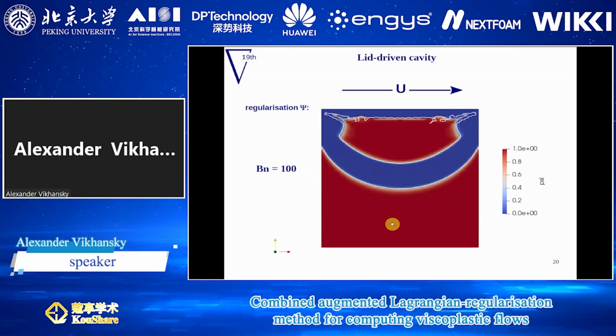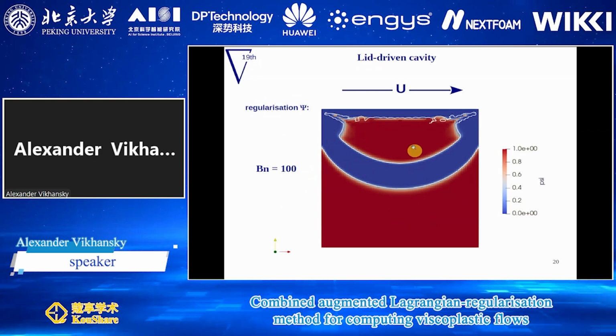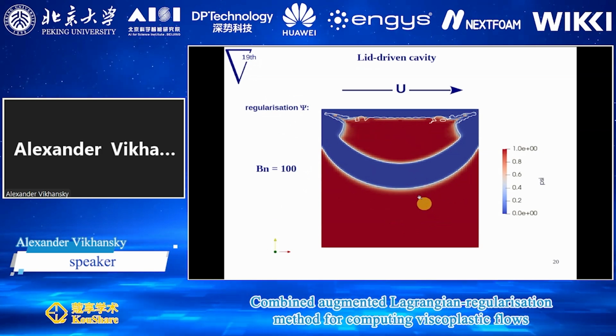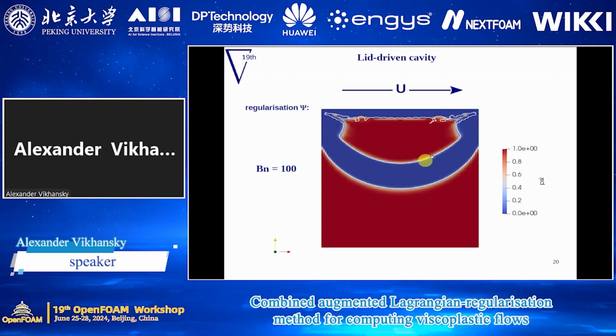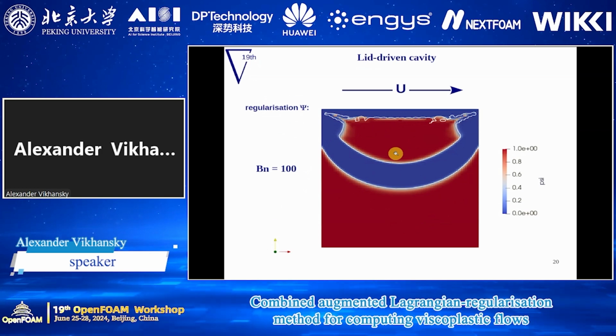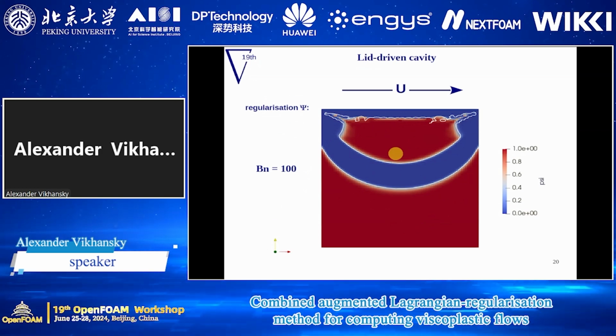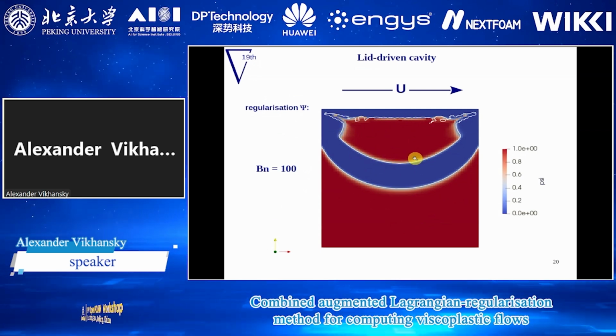And in the solid region, regularization should approach 1. And you can see it gives me the yielded and unyielded zones. So this white line is the region where the total stress is equal to the yield stress. It's not very nice because here I use interpolation several times to produce this line.